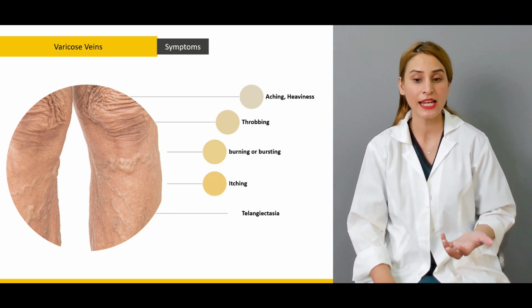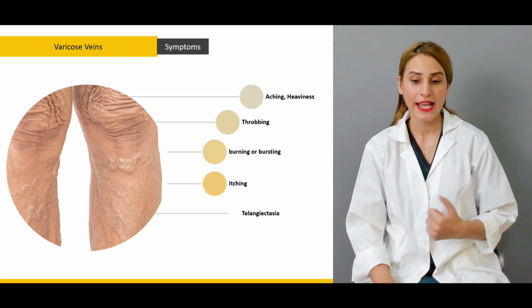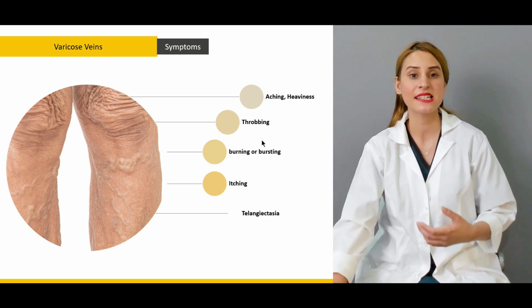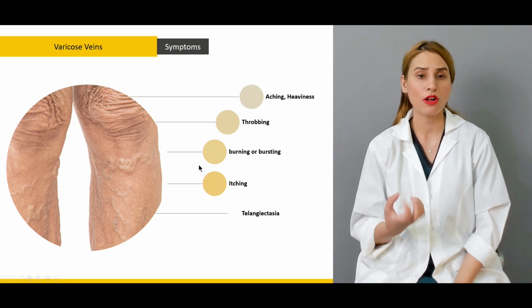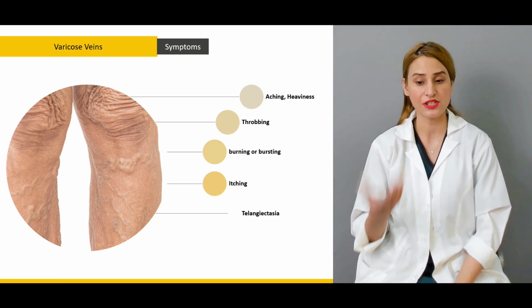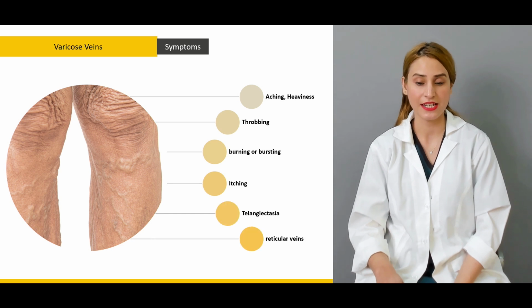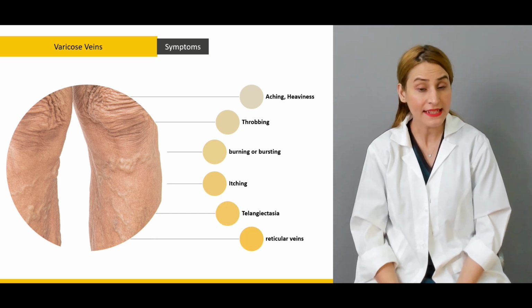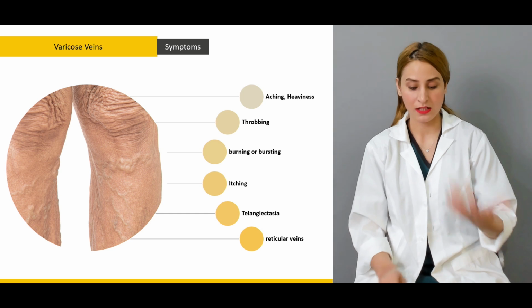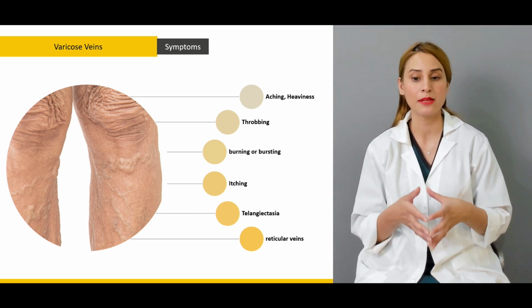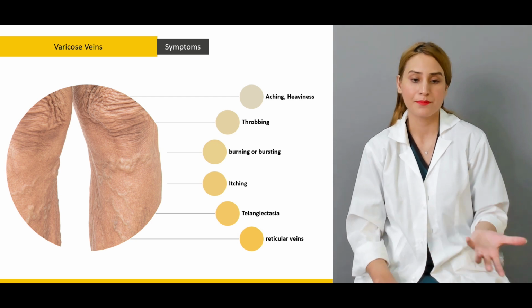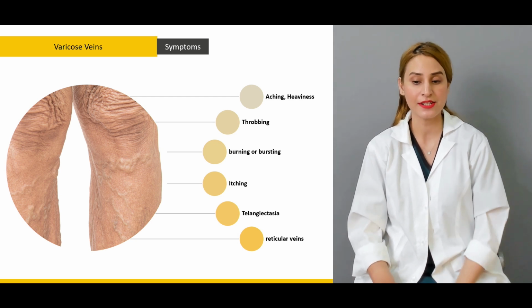There can be itching because of the skin changes, since in these varicosities different kinds of inflammatory cytokines are released which cause the itching. Then there can be telangiectasias, and you can have the reticular veins. So the patient will complain about aching, heaviness, throbbing pain, burning, itching. He will tell you about the skin changes and reticular veins if he can appreciate them.